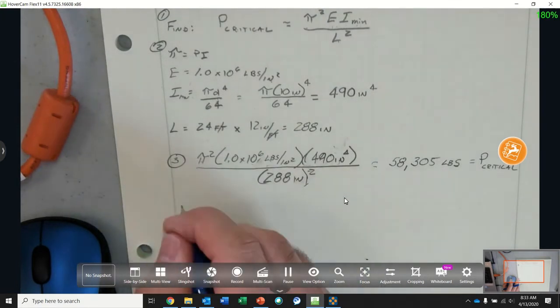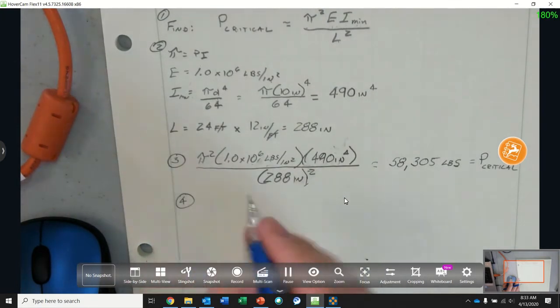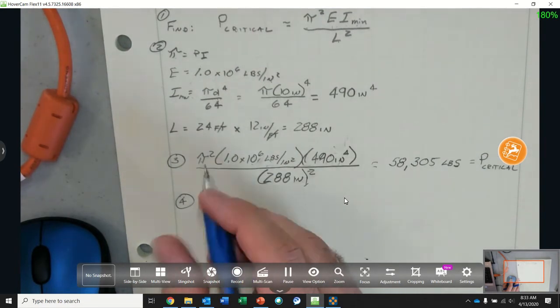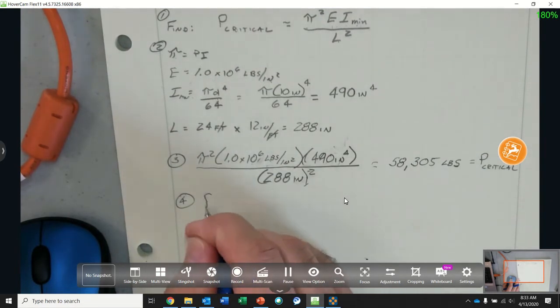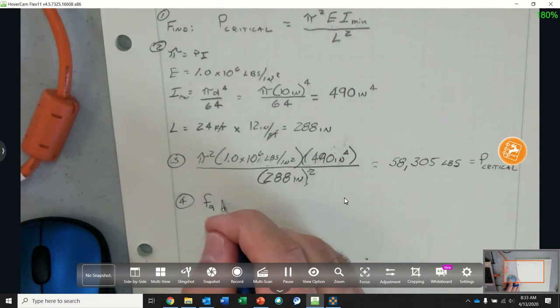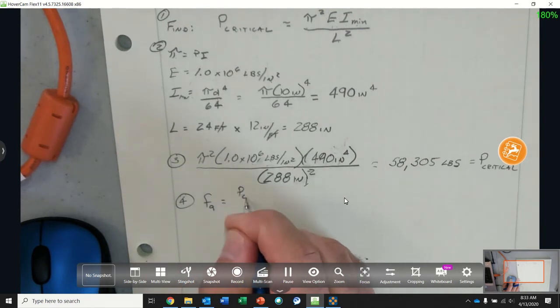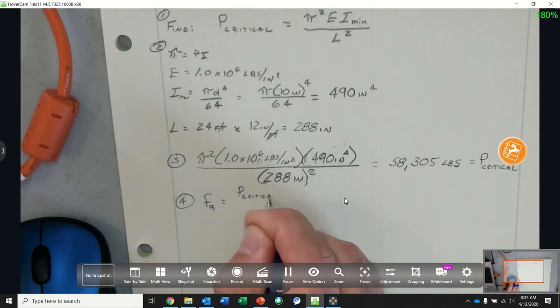Okay? So now let's find our actual stress. That's f, right? Equals P critical divided by my area.